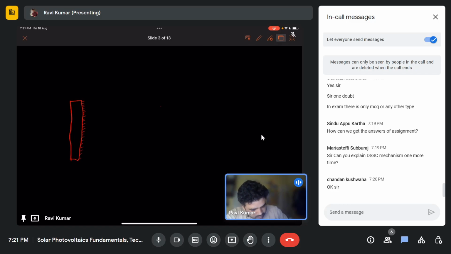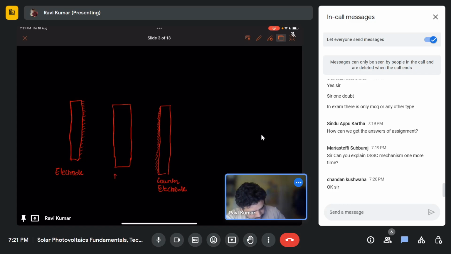We have another glass with other conductive deposition. In between we have a dye. This is the electrode. This is the counter electrode. This is the dye.